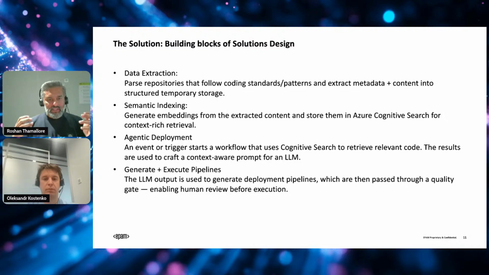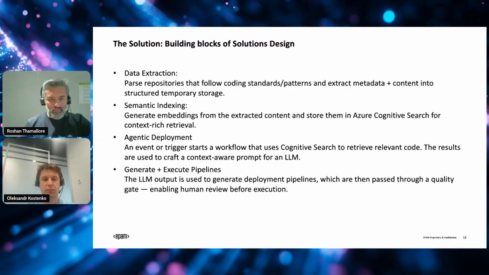The next is the agentic deployment. Basically, any kind of event or trigger, as we talked about before, starts the process, and the agent in question performs a cognitive search, retrieves adequate information and context, and then generates a prompt for the LLM. Finally, we have generate and execute pipelines.